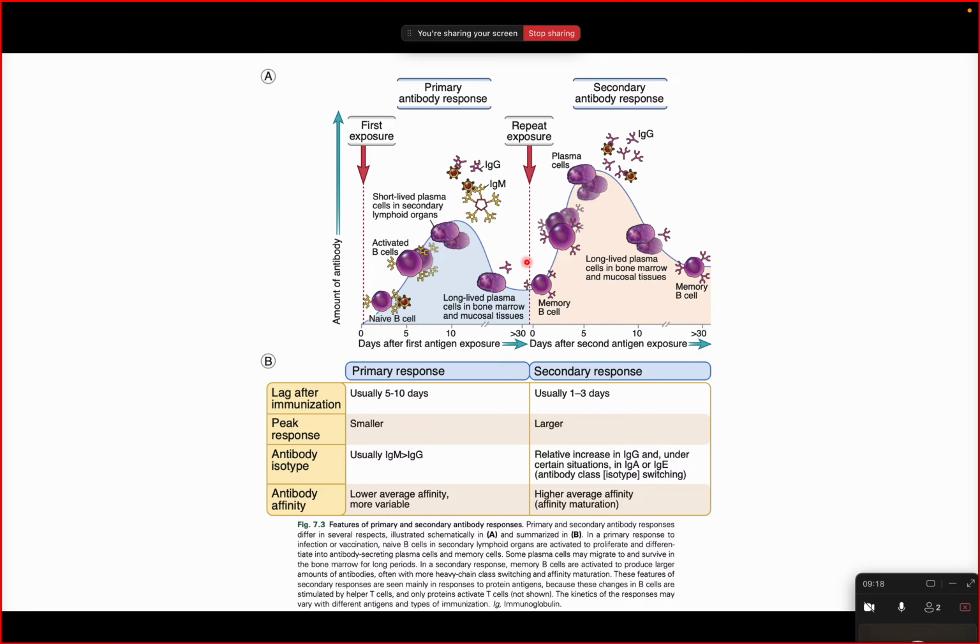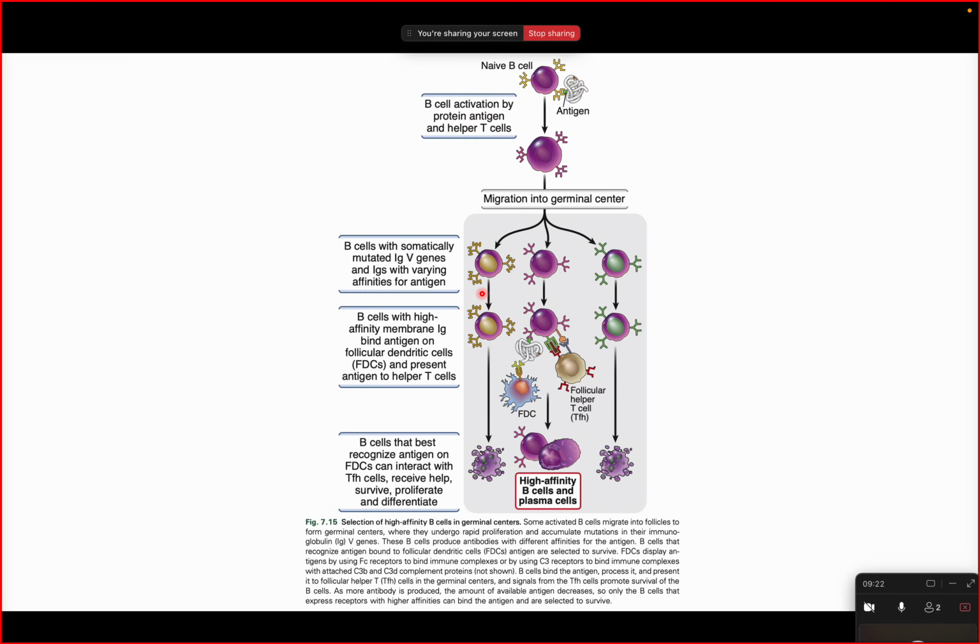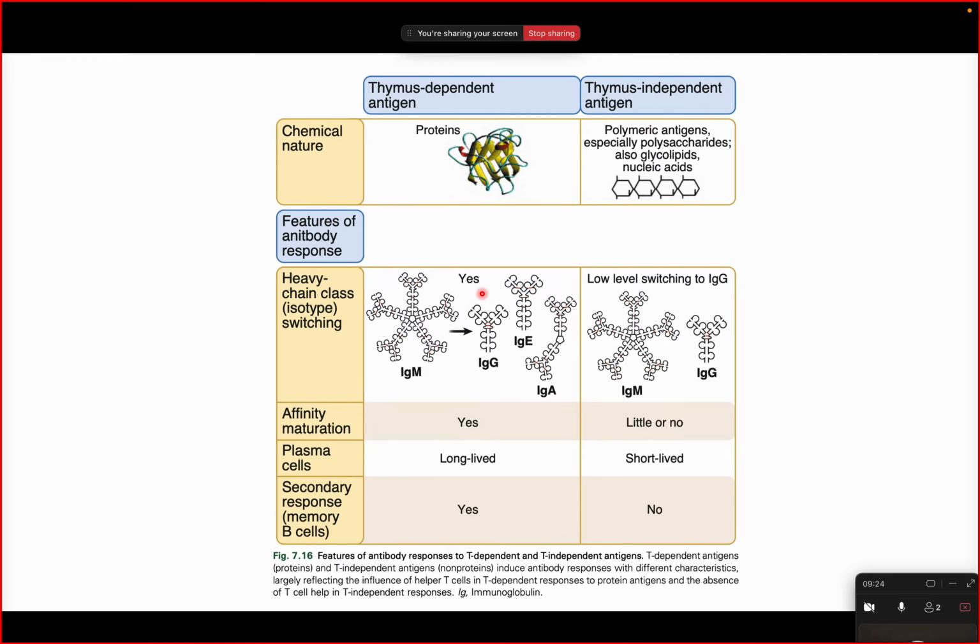So there is not a clear distinction whether the memory cells will be there or not. But if we talk about thymus dependent and thymus independent maturation, then for sure we can say that in the thymus dependent maturation, the memory B cells will be there, hence it will be more specific, more pronounced, and the serum antibody level will be high.